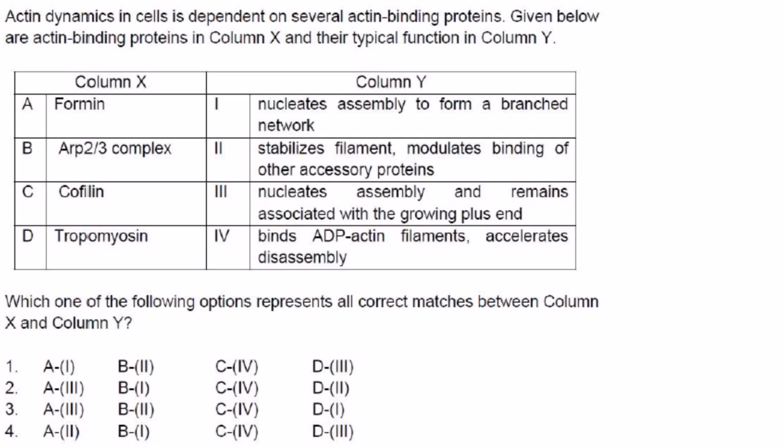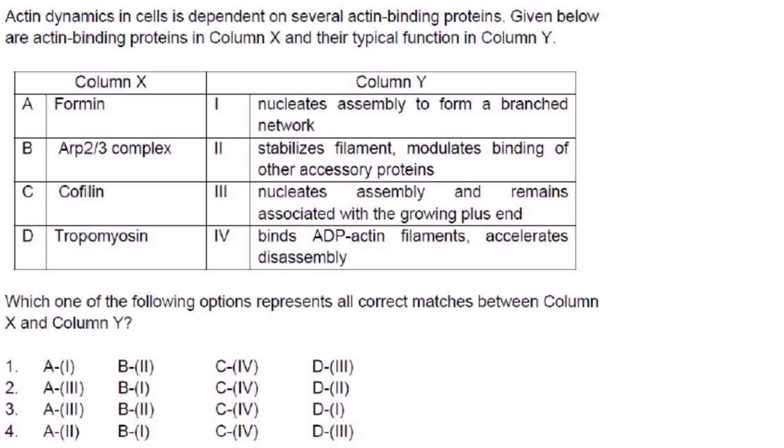Then some help in linking actin filaments to the cell membrane. So there are many actin binding proteins, and four of them they have given, and you have been asked to choose the function of each of these.